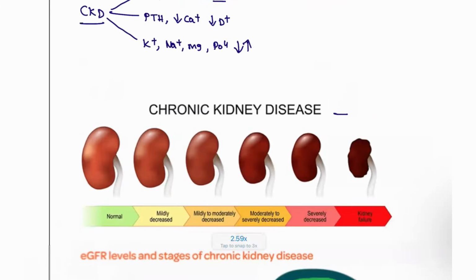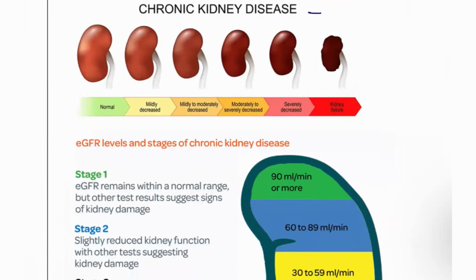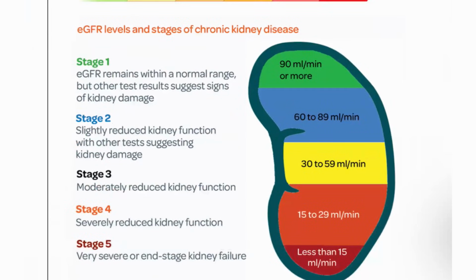So ultimately, as the stages increase, the normal GFR for us will be 125. But for the first stage, it is already 90 ml per minute, and it can be treated as early as possible. Stage 2 is already decreased, 60 to 89, so this patient will need supportive treatment.